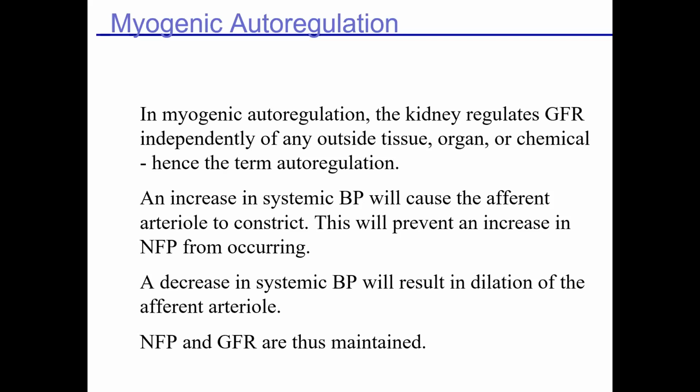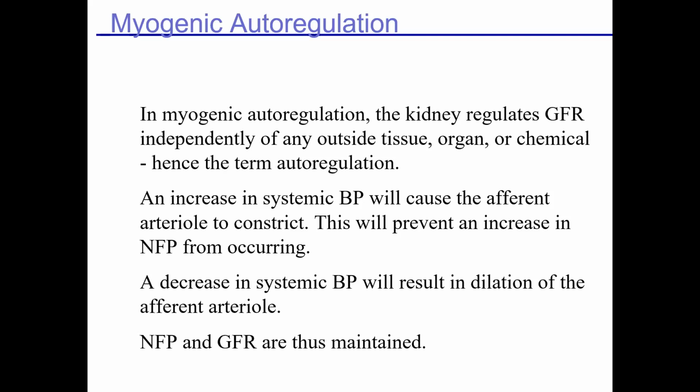If our blood pressure drops for whatever reason, then the afferent arteriole dilates to increase flow. If the pressure goes up, the afferent arteriole constricts to reduce flow. If the pressure drops, it dilates to increase the flow. So we keep our filtration pressure the same, 10 millimeters of mercury, and we keep our GFR right about 120.